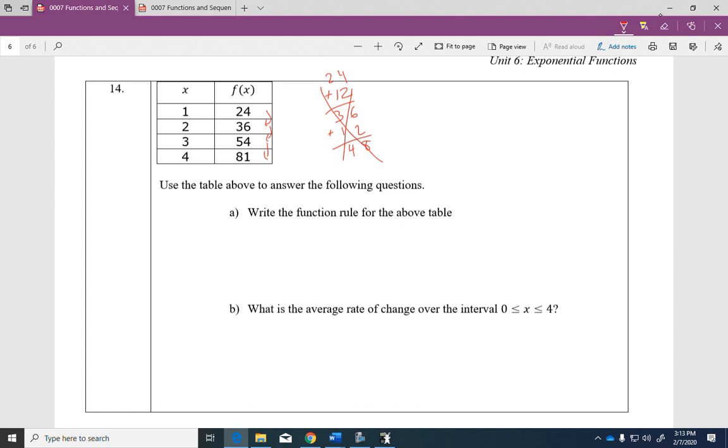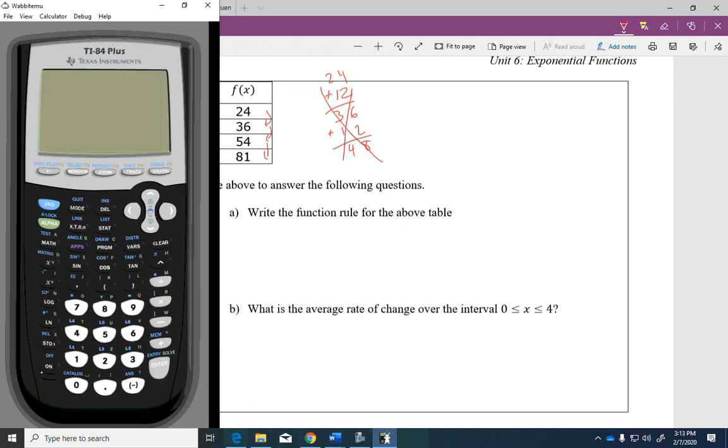So I'm not adding the same number again, which means it's not linear. So I guess it's exponential. What number am I multiplying by? Remember, you could go in reverse. You can do 36 divided by 24, and it's saying 1.5. Does 1.5 really work? What's 36 times 1.5?